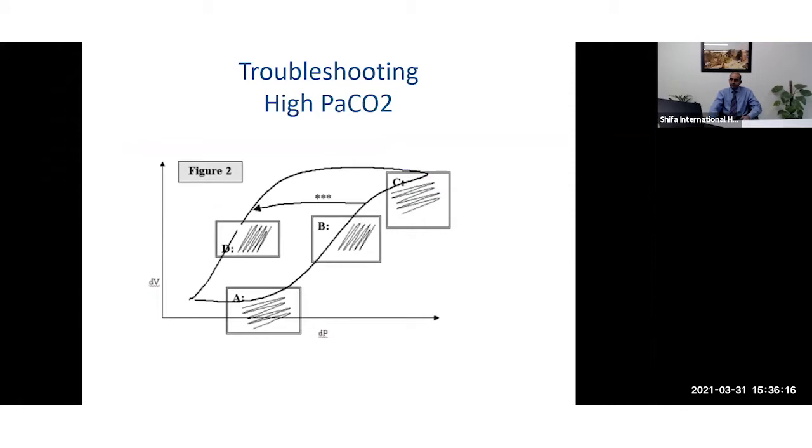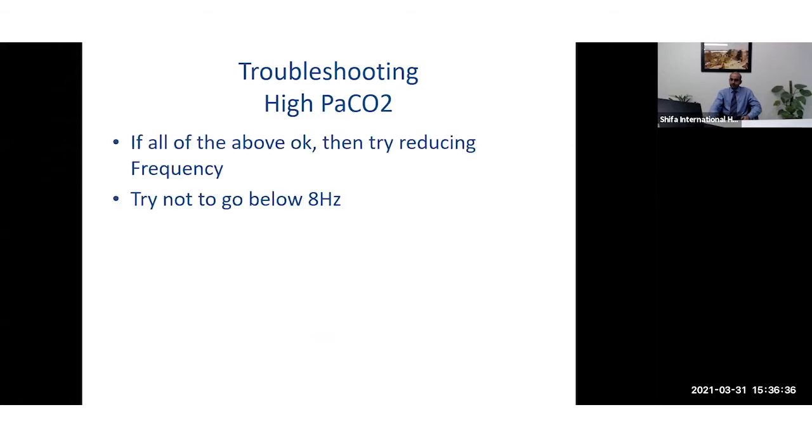One of the other reasons that the PCO2 might be high is that we are at point C in this diagram. So if the lung is overinflated, that not only interferes with oxygenation, but it also interferes with ventilation as well. So again, you have to be careful that the lung is not overinflated if we're struggling with the CO2 clearance.